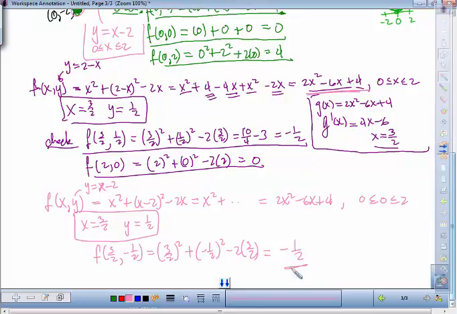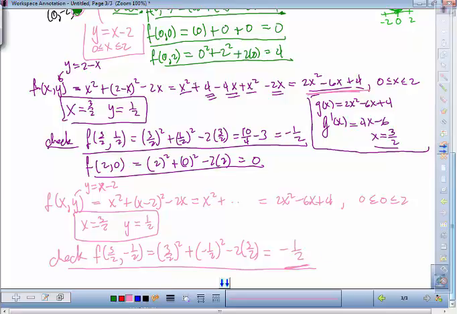We're going to get the same result. Just check. Which did not give us a number less than negative 1 or a number bigger than positive 4.